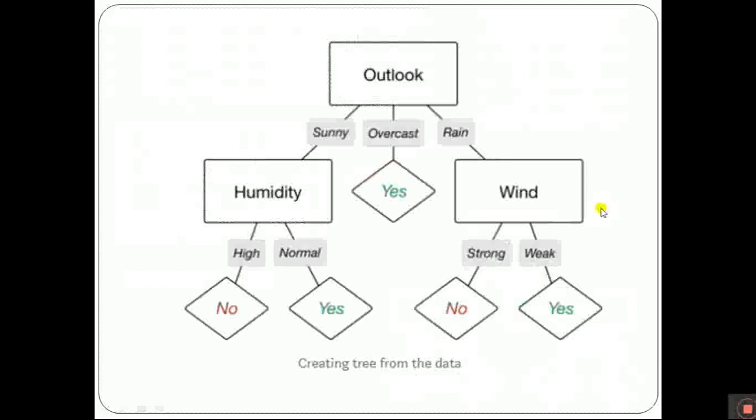So this is the decision tree from the data given in the table. Outlook is the root node from the calculation of the gain entropy formula. We can classify it as sunny, overcast, rain. If overcast, whatever the condition, we can directly choose yes.